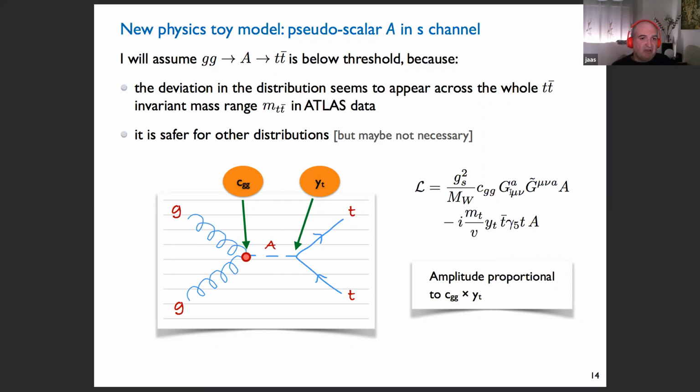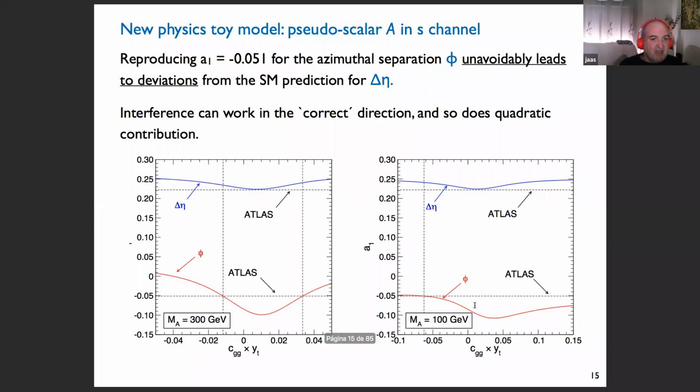This is the Lagrangian you have for the pseudo-scalar, and the amplitude of this contribution is proportional to the product of these couplings. So in terms of the product of these couplings and doing this Fourier decomposition, you see that this is the first coefficient of phi. This is the Atlas result, and you see the functional dependence on these two, and you see that you have 2 points where you can reproduce at least one coefficient.